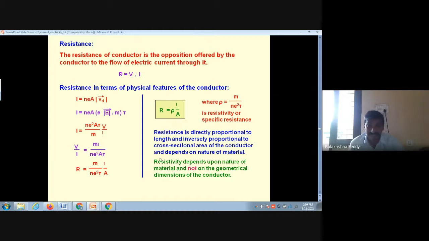If you change the material of the conductor or resistor, then resistivity changes. Though the formula has come from the dimensions of area and length, resistivity does not depend on the dimensions of the particular conductor or resistor. Remember this point: resistivity is independent of dimensions. It depends only on the material as well as on temperature.